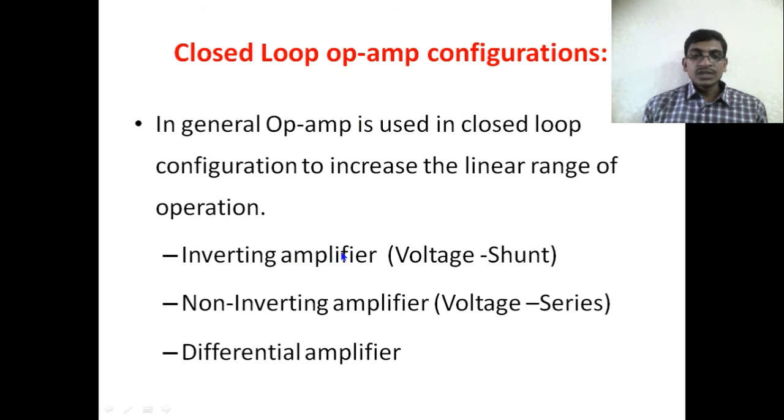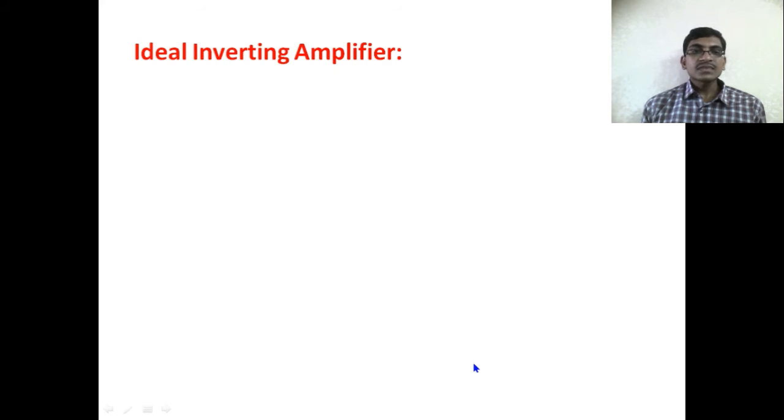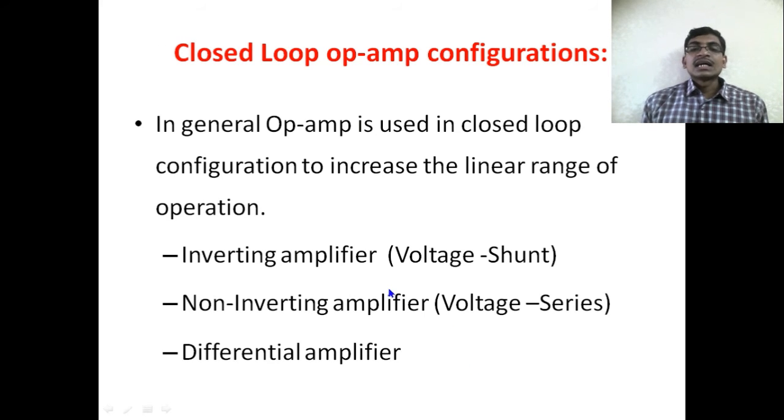Now we are going to see the non-inverting amplifier, inverting amplifier and differential amplifier one by one, and also we are going to derive the closed loop gains and input resistances of each configuration. First of all, we will see the ideal configuration. Thereafter, we will go for the practical configurations.